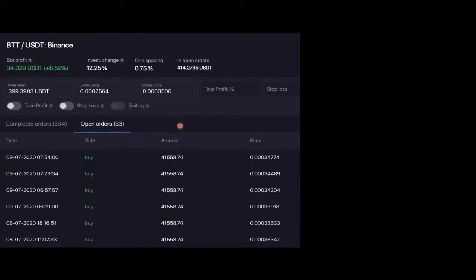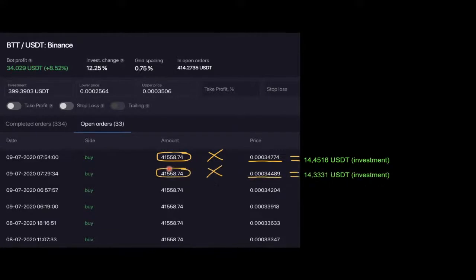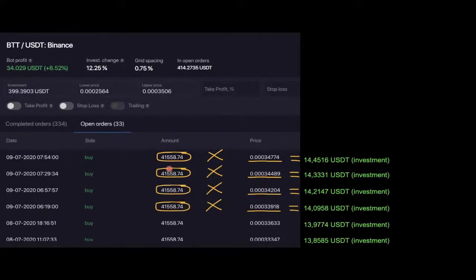So here's the parity. The system will buy that amount of BitTorrent at that price, and at another price it will buy the same amount of coins, which if we multiply is going to result in a different investment allocation.